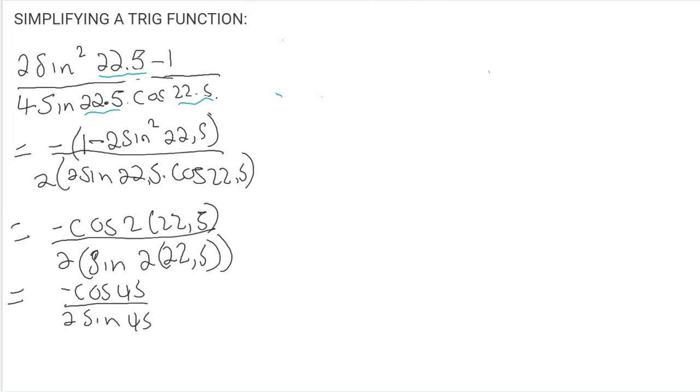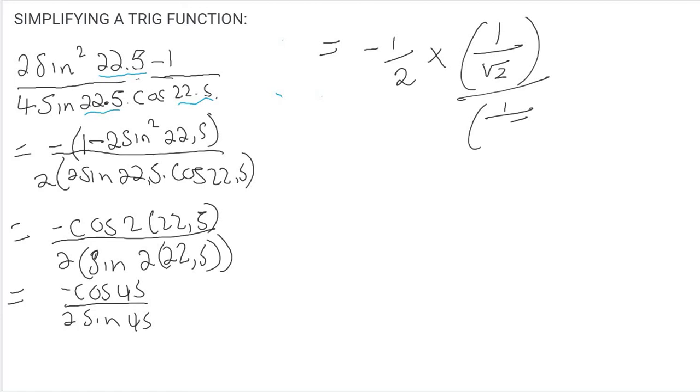So the actual value here, if we repeat, we will get something like minus 1 over 2, multiplied by this 1 over the square root of 2, and then this still is 1 over the square root of 2.